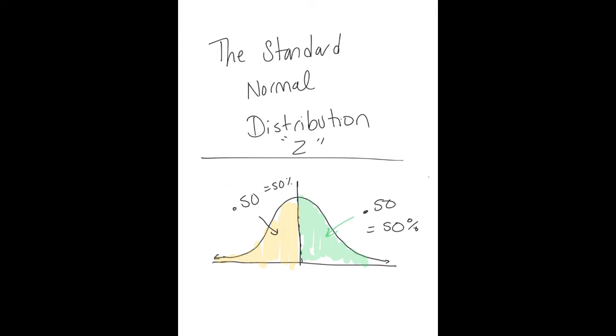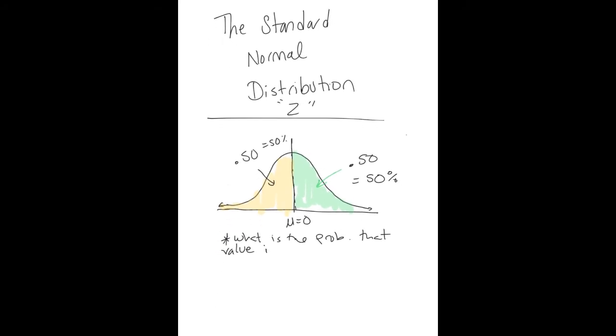So basically, if we imagine this distribution with the mean in the center, the mean being 0 standard deviations away from the mean, what we know is, if we were interested in finding an answer to a question like this: what is the probability that a value, a random continuous variable in this distribution, is greater than or equal to the mean of the distribution?